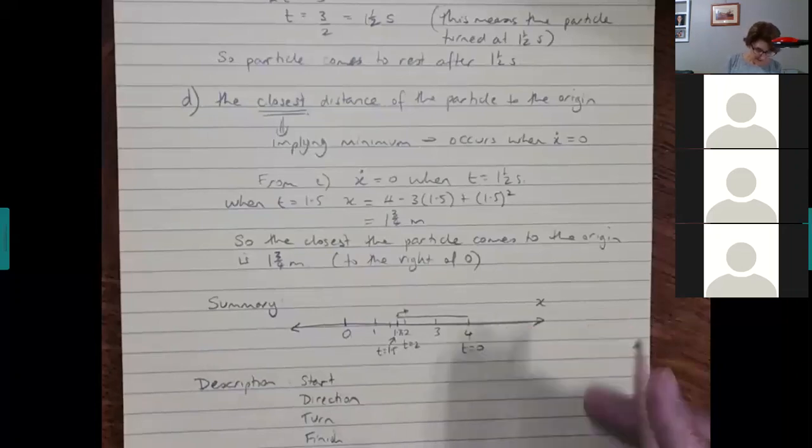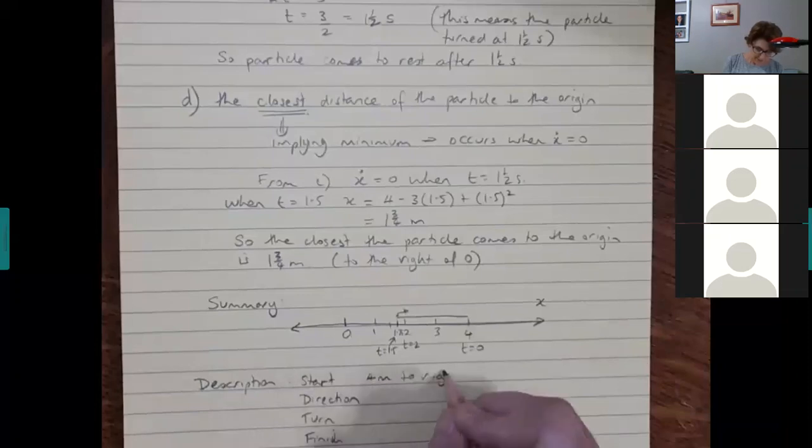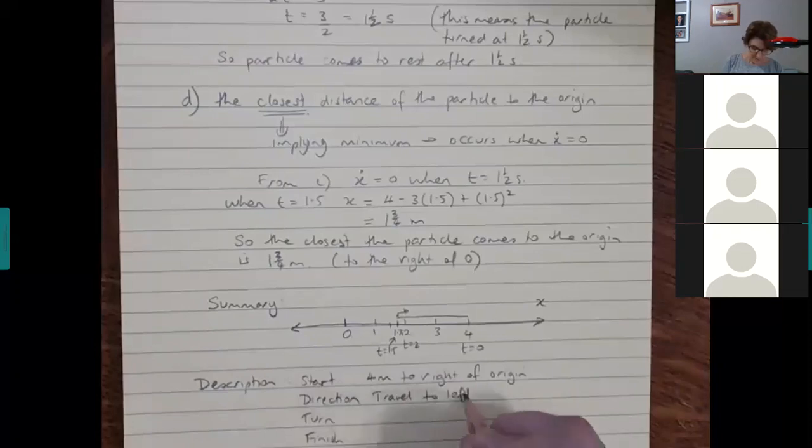So we started 4 meters to the right of the origin. The direction was we were traveling to the left towards the origin.